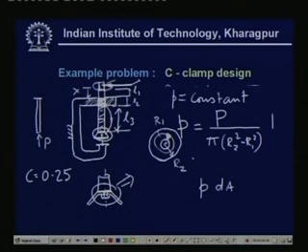Therefore, the friction force will be mu times P times dA, and then we have to find the torque. The direction is always opposing the motion, so it will always be tangential here. Therefore, to calculate the net torque, we multiply by r, the radius of this elemental area from the center, and integrate over the entire area A. This will be the torque.